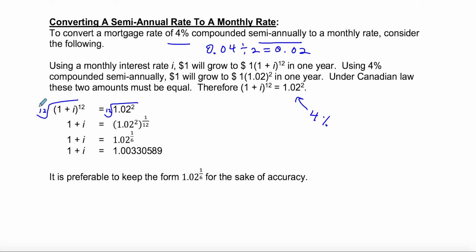The 12th root of something to the 12th cancel out, and I would just have 1 plus I. On this side, the 12th root can be written as a fractional exponent, 1 over 12. Then I can multiply my exponents together and get 2/12, which is the same thing as 1/6.